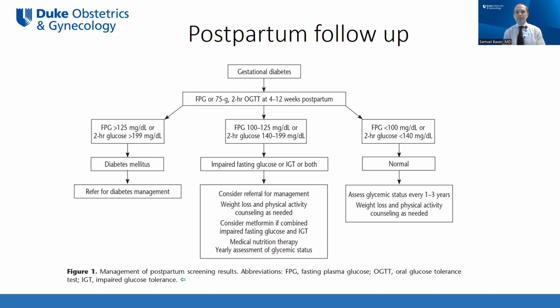I can get more physical activity, maybe referral for the management of those things, medical management, and be on the lookout. And then certainly there are patients that are going to be normal, and those patients still need to be followed closely every 1 to 3 years, looking at their glucose to diagnose either pre-diabetes or diabetes.